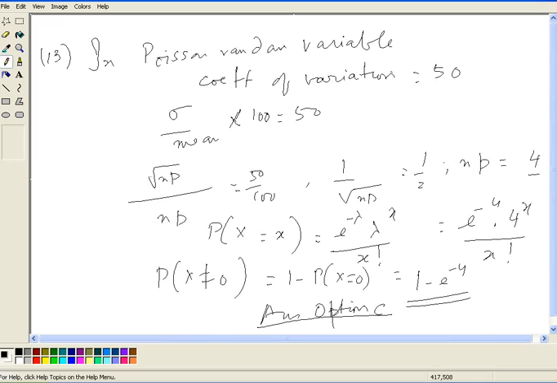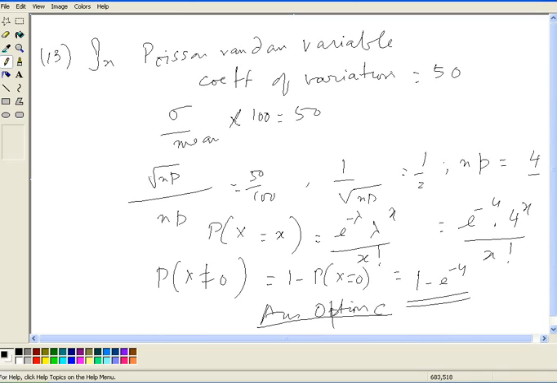Now we need to find the probability that x assumes non-zero values in the Poisson distribution. So P of x not equal to 0 is equal to 1 minus P of x equal to 0. A general Poisson distribution would be e power minus lambda into lambda power x by x factorial.